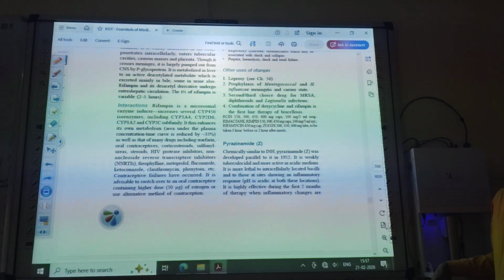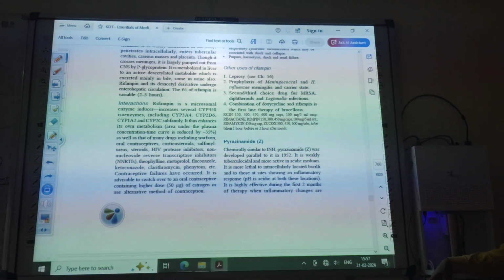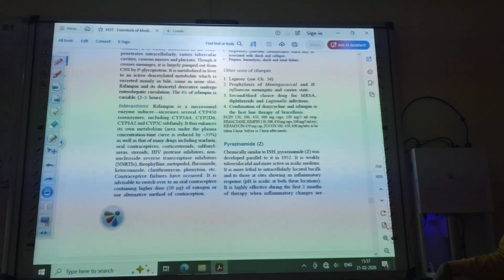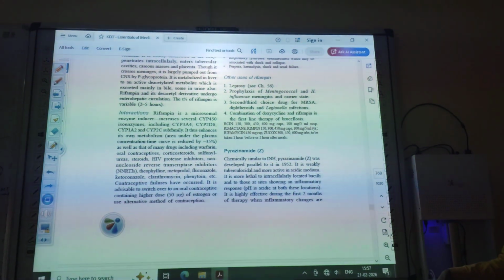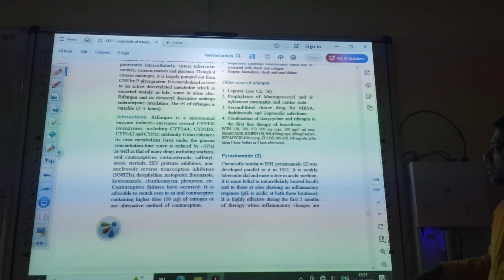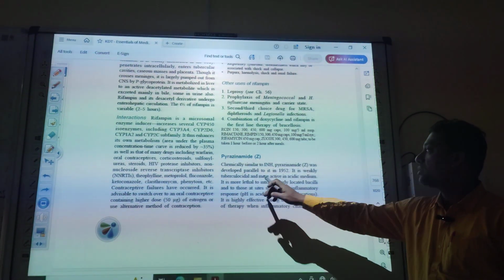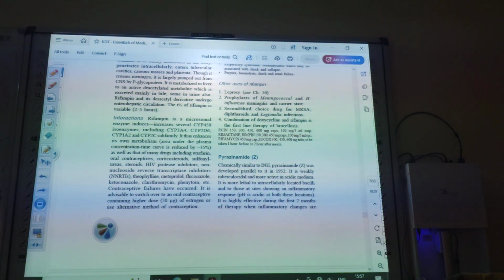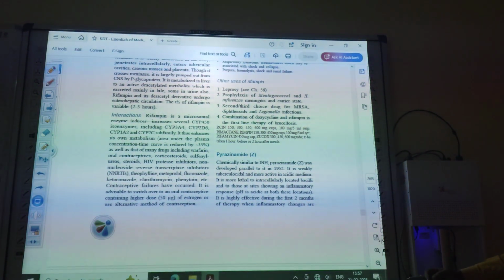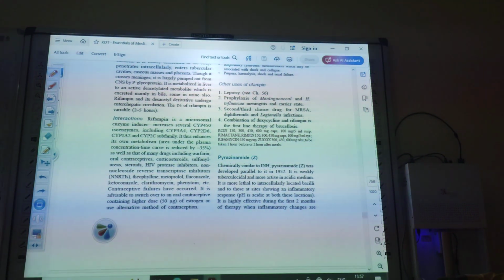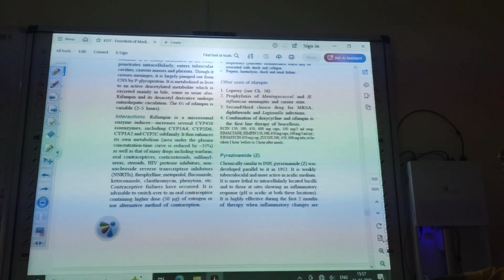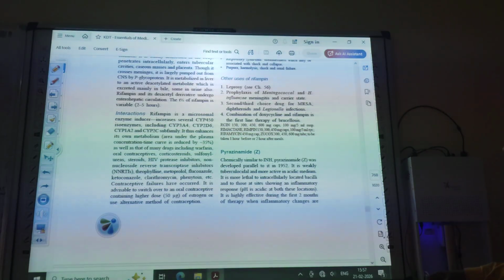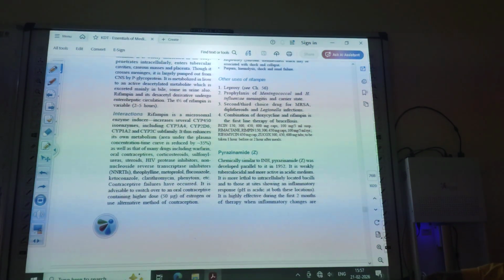Isoniazid, rifampicin, and pyrazinamide are all bactericidal. Weakly tuberculocidal means bactericidal. It is more active in acidic medium, and more lethal to intracellularly located bacilli. Lethal means it is more effective.